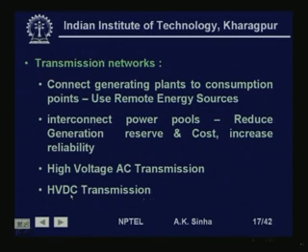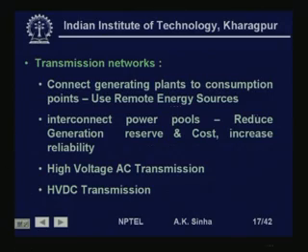One of the major advantages is that you have complete control on the power flow on the HVDC transmission system, whereas in AC transmission system the power control is not so simple. Of course, nowadays we have other kinds of devices using power electronic devices which we call FACTS devices, flexible AC transmission system devices, which are used to control power on AC transmission system as well.